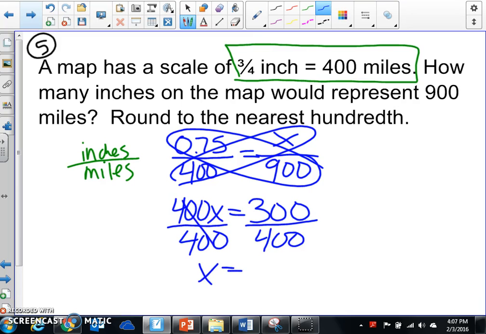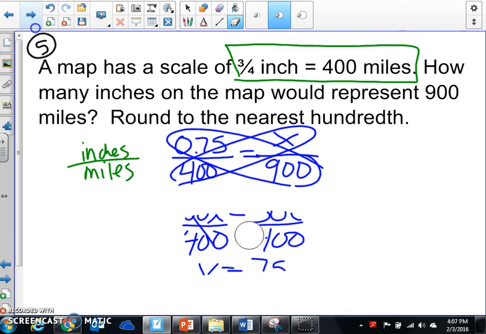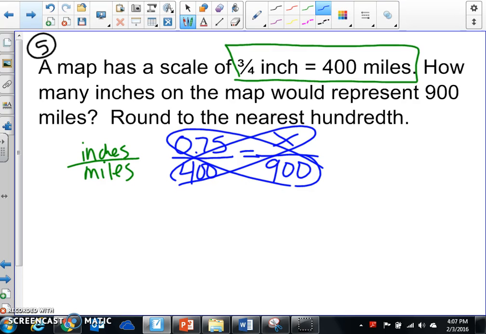X equals 0.75. Now it says nearest hundredth. So 0.75 what? Inches. No, that's wrong. Oh, sorry guys, go back a little bit. Hold on. I messed up here. Okay, 400 times x is 400x. 0.75 times 900 is 675.